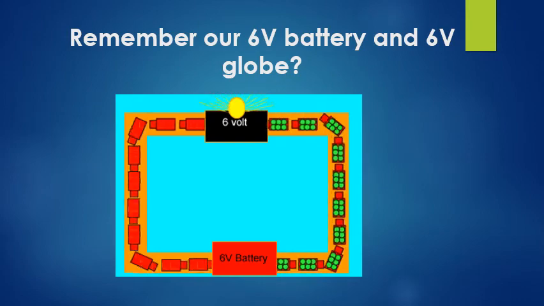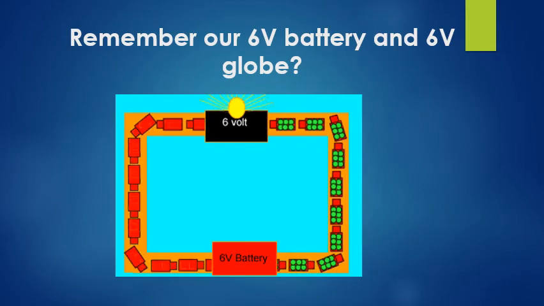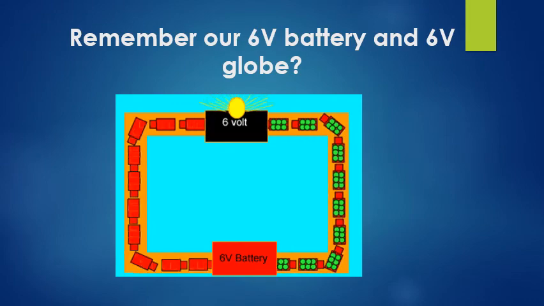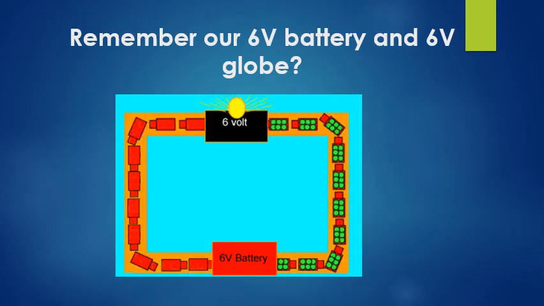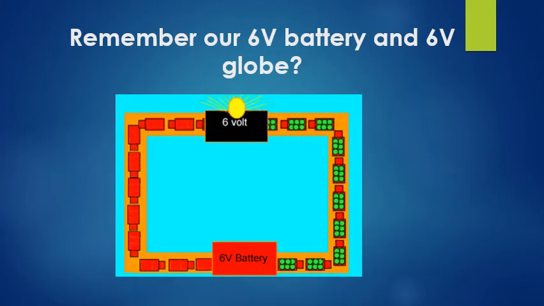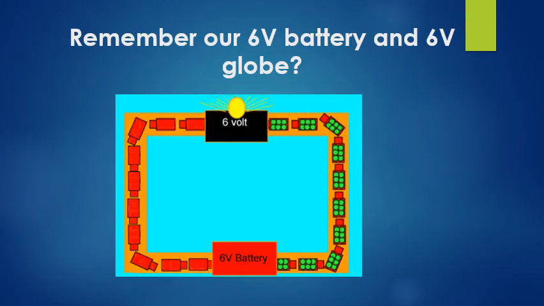However, when they reach the 6-volt globe, it has resistance. It causes the electrons to use up their energy by transforming it from electrical energy into light and heat as they travel through the globe. This transformation of the energy, causing it to change from electrical into light and heat, is what we term resistance.